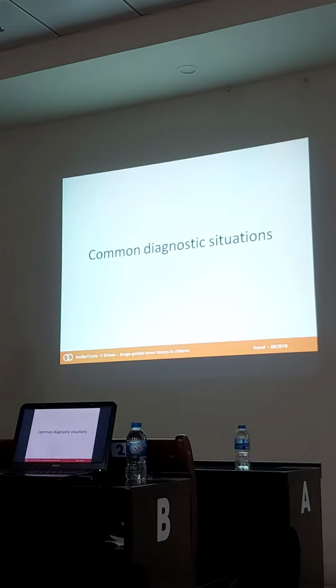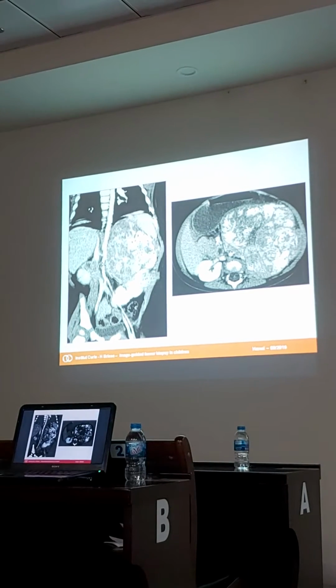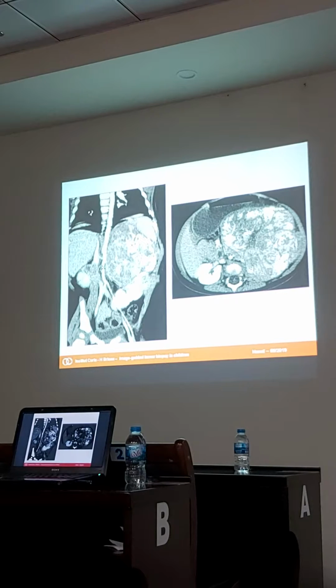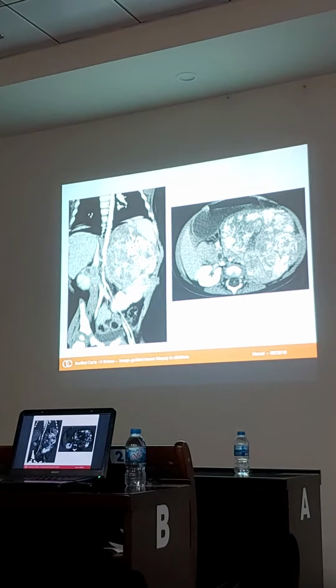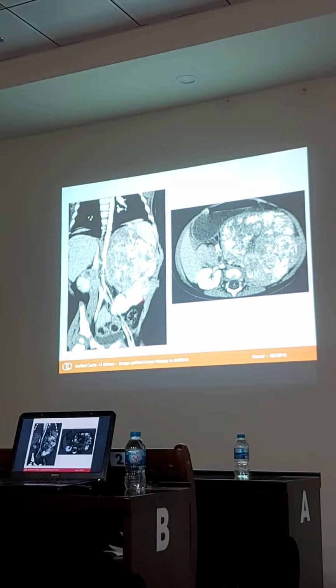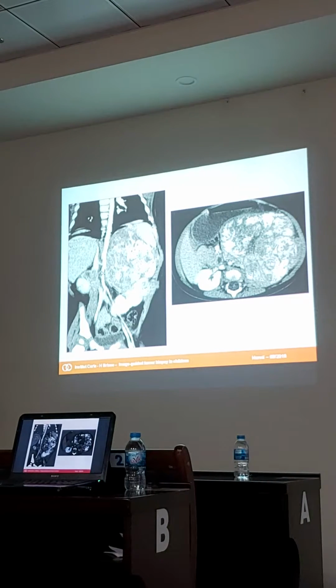So a few words about the most common diagnostic situation with biopsies. So here you can see a huge suprarenal mass displacing the kidney. So it's a very calcified mass, so it's very typical of neuroblastoma. So the tumor is very large, but its primary location is in the retroperitoneum, so you have to perform a biopsy.